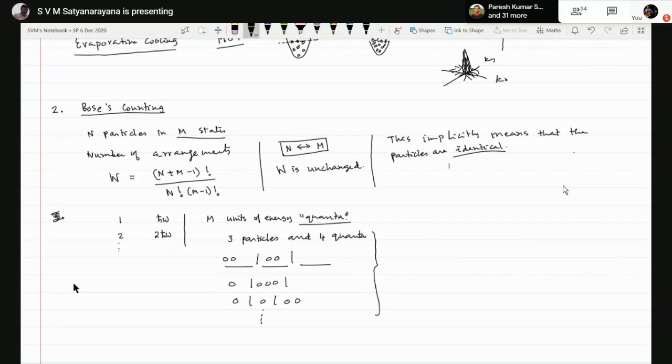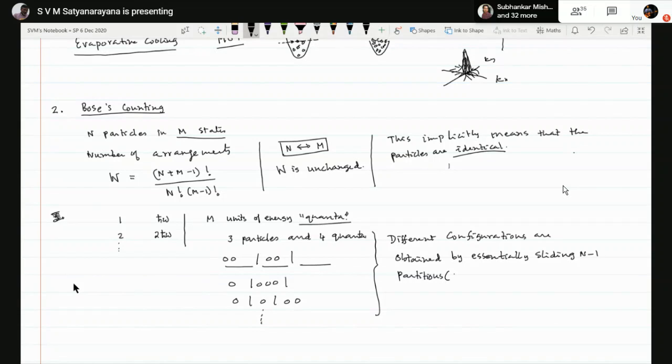Essentially, different configurations are obtained by sliding these n minus 1 partitions, or you can call them sticks, to different positions.